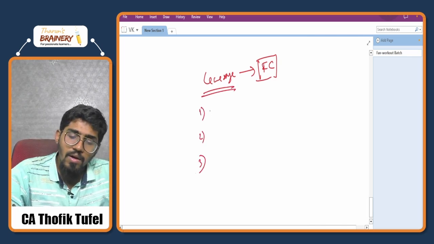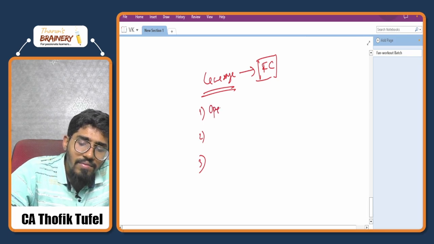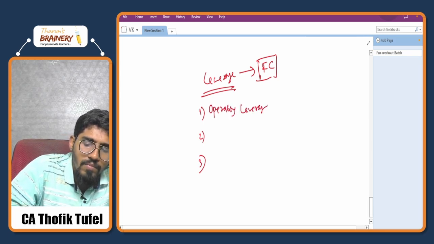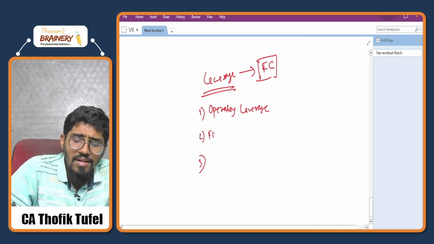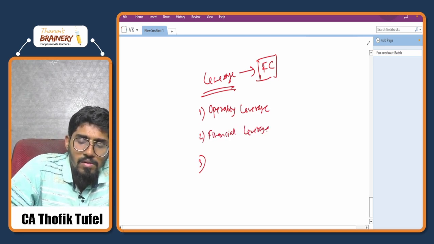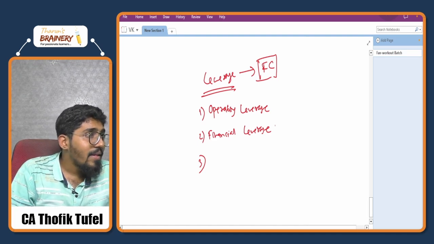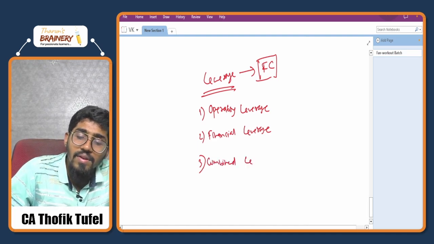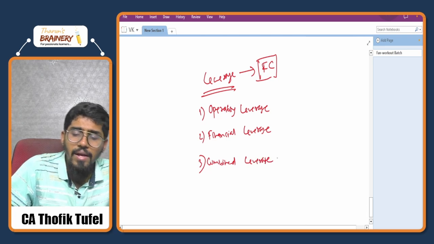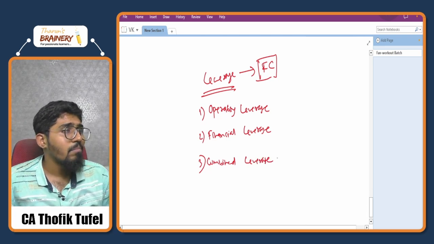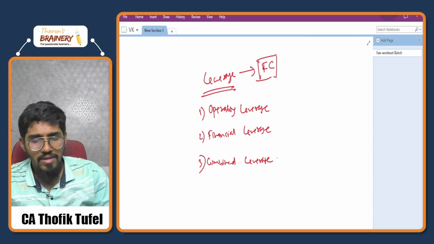First one is operating leverage, second one is financial leverage, and the third one is combined leverage. So operating leverage, financial leverage and combined leverage, we have three types of leverage.